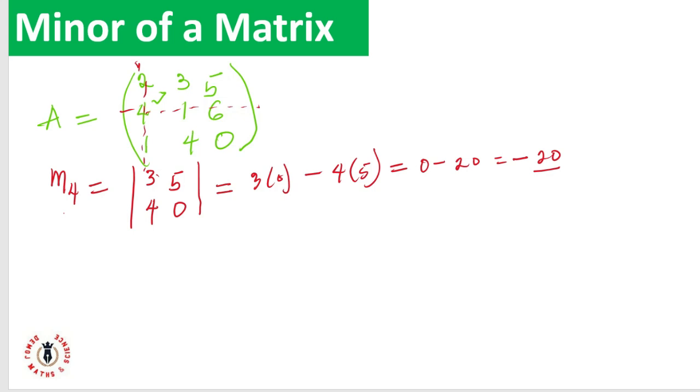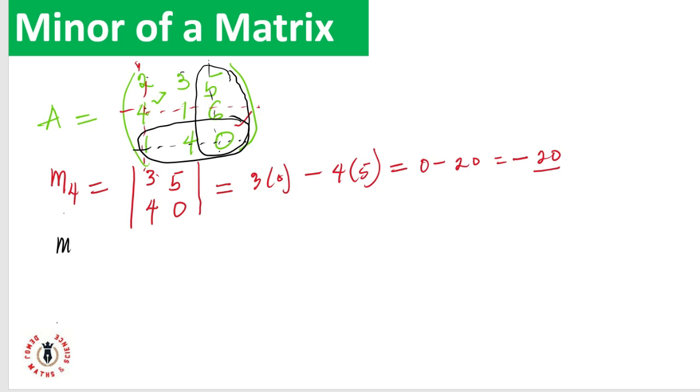Now, let's look for the minor of 0. For the minor of 0, 0 is on the third column and on the third row. Such that what I have outstanding is 2, 3, 4, and 1.